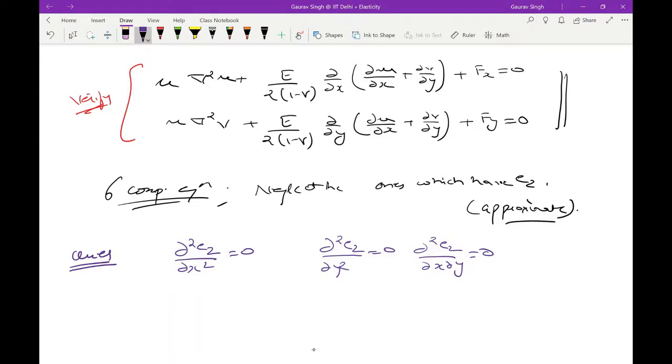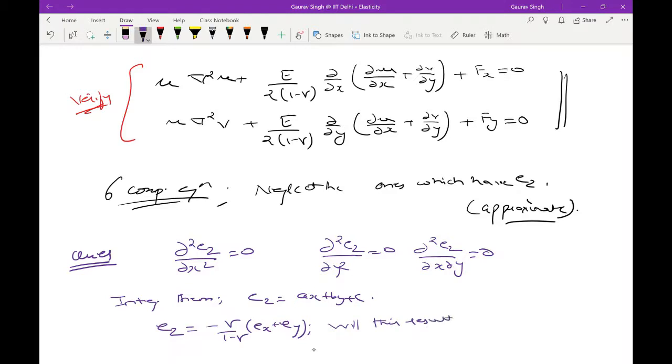We want to first integrate them to say that Ez will be equal to ax plus by plus c, and then the question is that in light of the fact that Ez is equal to minus ν/(1 minus ν) times (Ex plus Ey), will this result be generally satisfied?